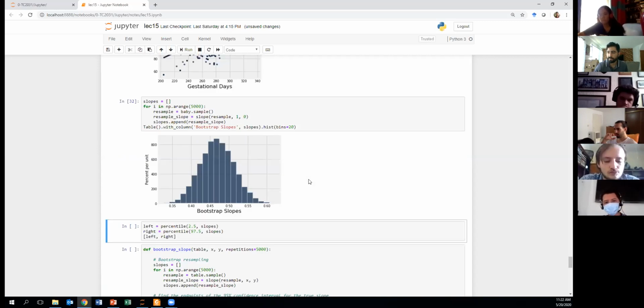So we get this histogram. I want you to look at this histogram and tell what you conclude from it, or what the histogram is telling us. What does this histogram mean? Anyone?